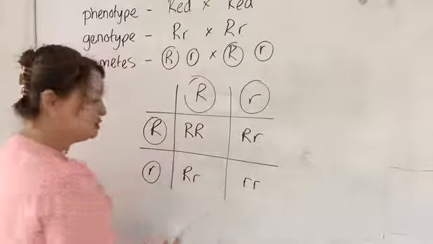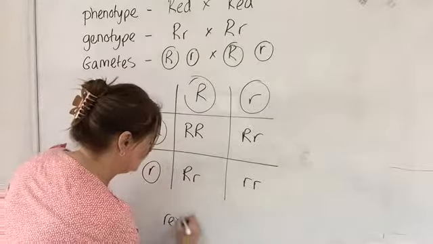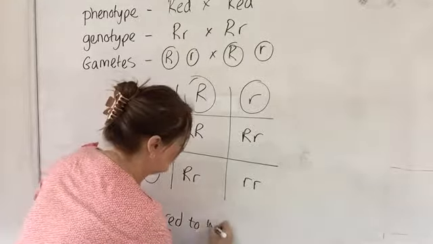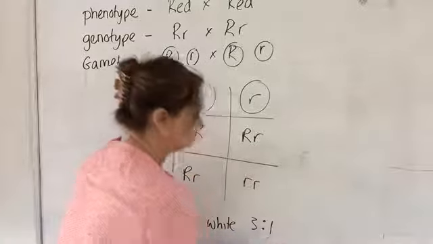So our phenotypic ratio, what's expressed, will be red to white in the ratio 3 to 1.